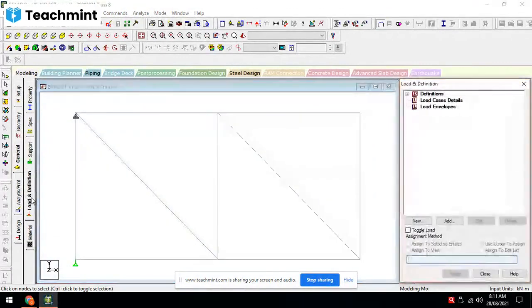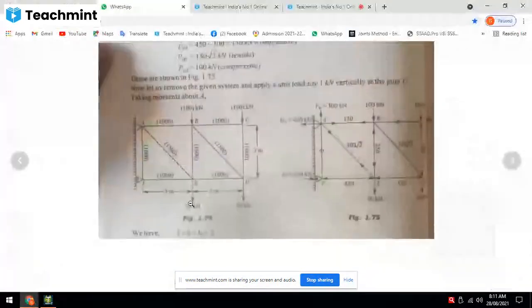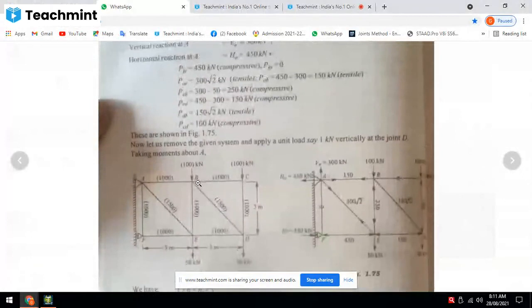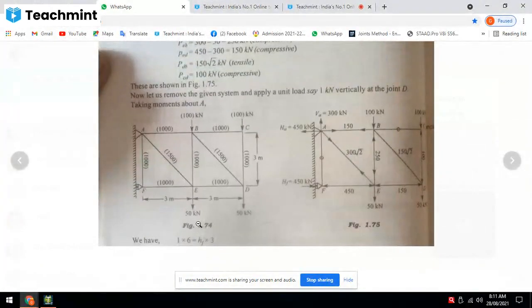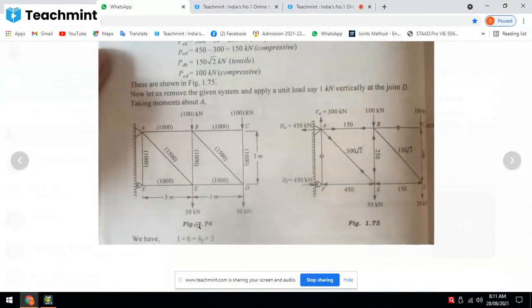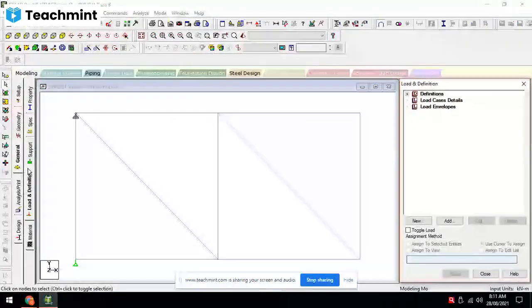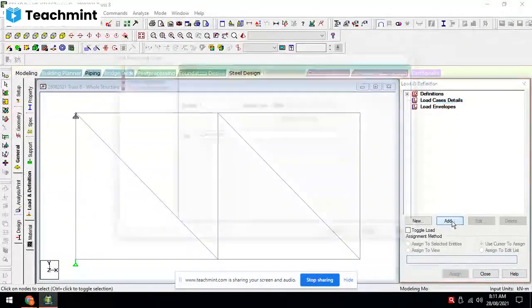So now next is the load. At the top end there is a 100 kilonewton load and at the bottom a 50 kilonewton load. 50 and 100. So load case detail, add.